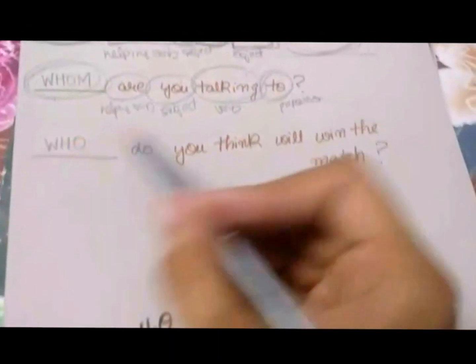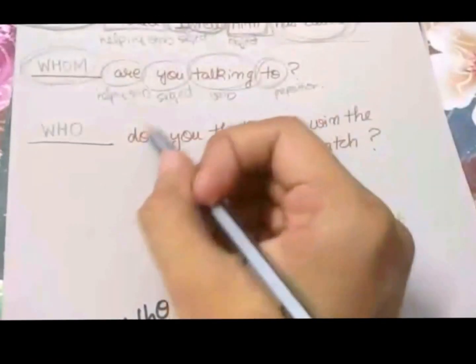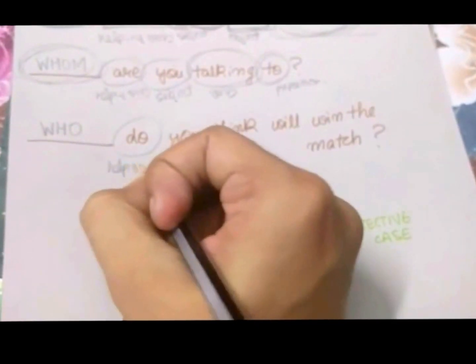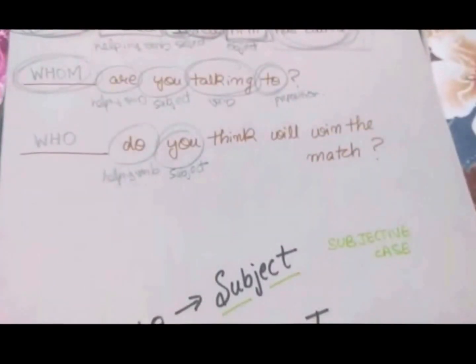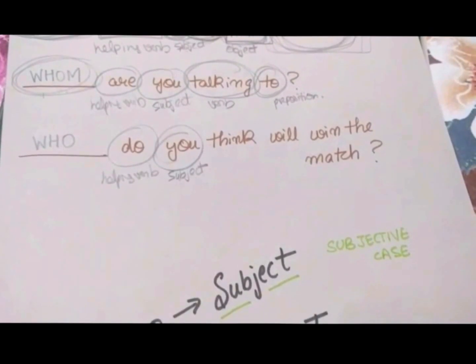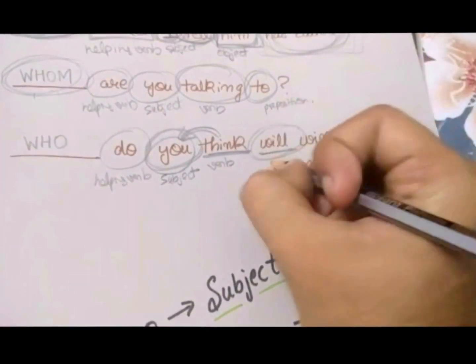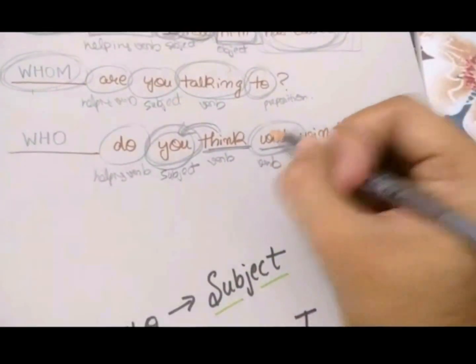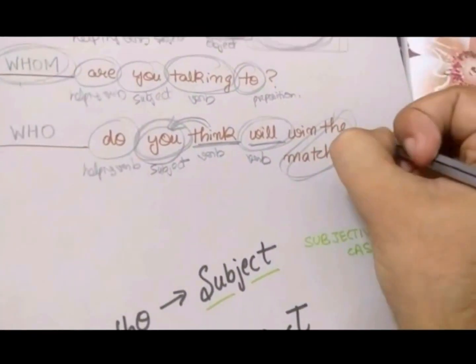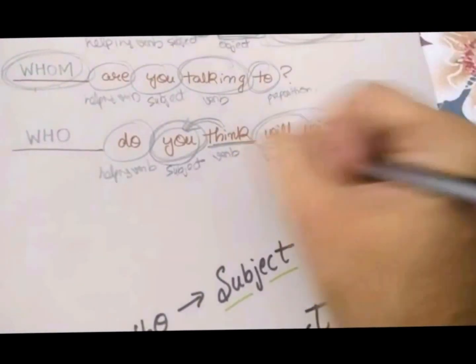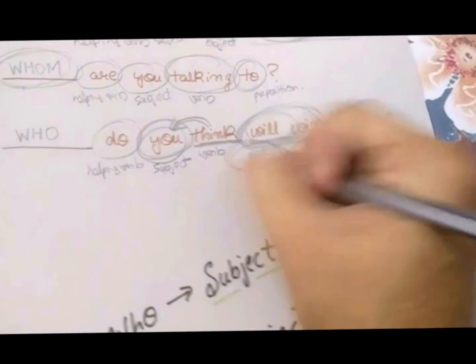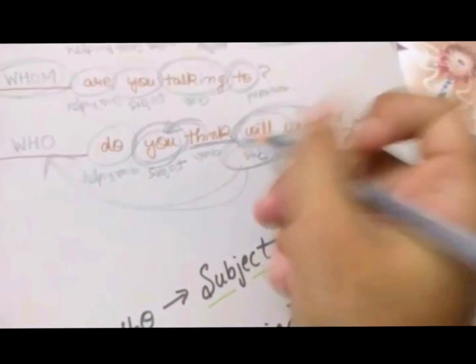And in the last sentence, who do you think will win the match? Again, do is the helping verb, you is the subject, think is the verb associated to the subject you, will is another verb, will win the match. The match is an object, and will win is a free verb, which will be associated with this who.